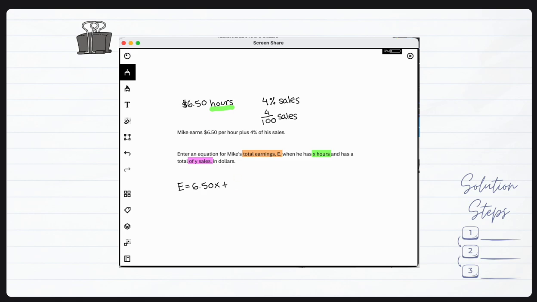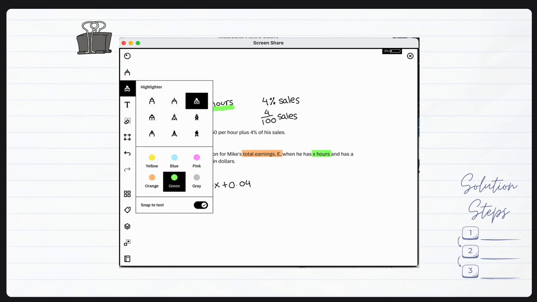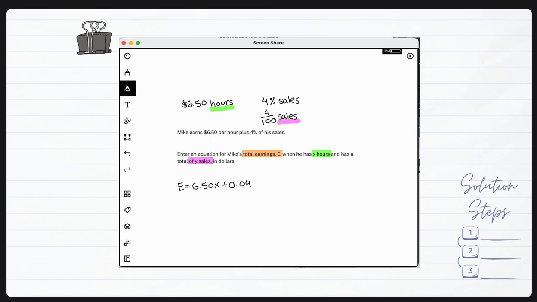We're going to want to add a decimal, so let's simplify 4 over 100 into decimal form. That's 0.04. And sales is actually represented by the term Y, so instead of writing sales out, we're going to write Y. And it's as simple as that, creating an equation for yourself.